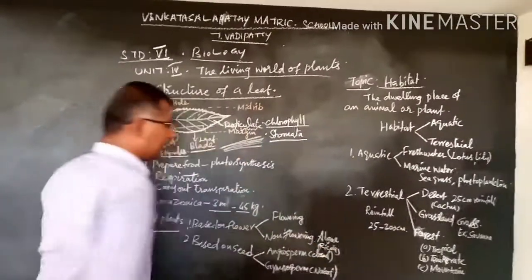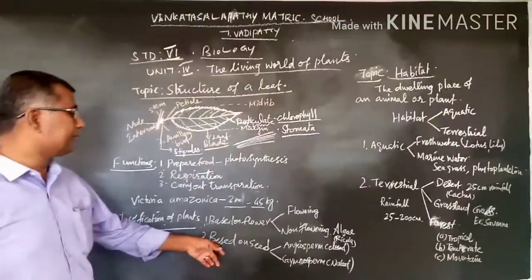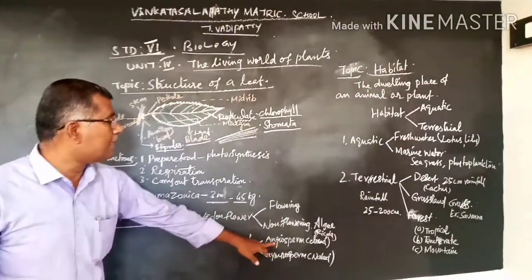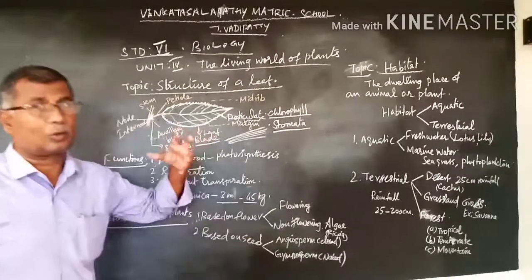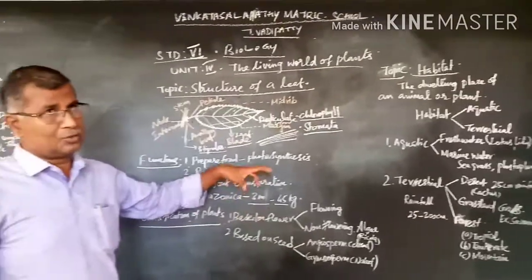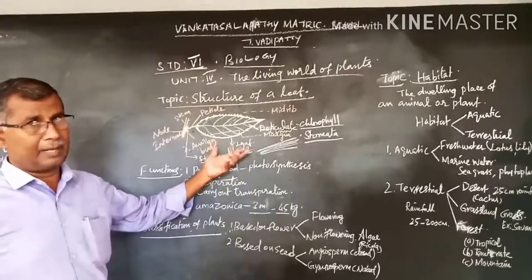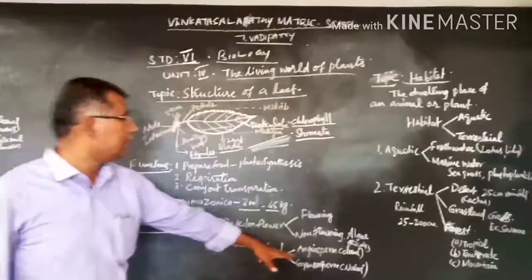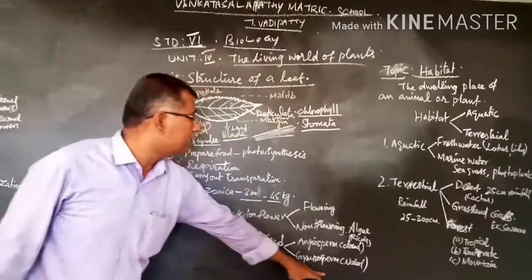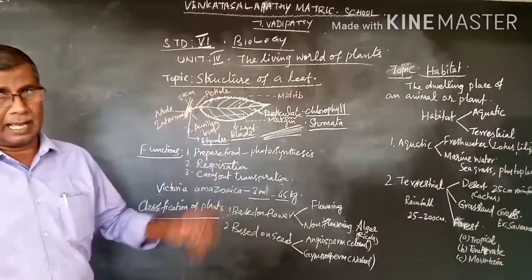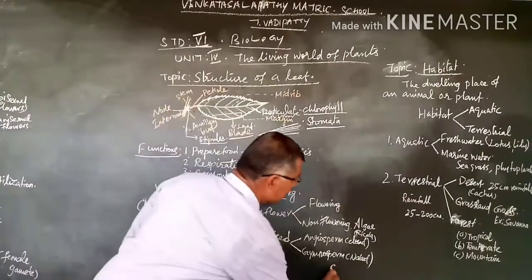Non-flowering plants include algae. Then based on seed: angiosperm and gymnosperm. Angiosperm means the seeds are closed. Examples are mango, beans, green gram, black gram, red gram. Gymnosperm means the seeds are naked. Example, Cycas.